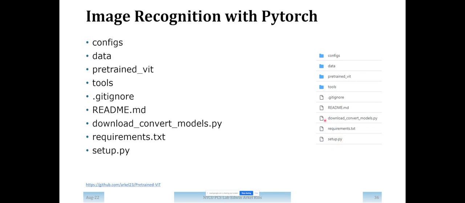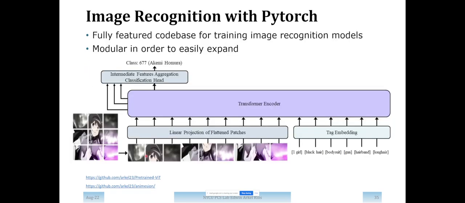And finally, this one is used to download pre-trained models that we use, because what's interesting about image recognition is that most people use deep learning models that are trained on very large datasets, and that they can then share with others, and that has some advantages compared to training from scratch.